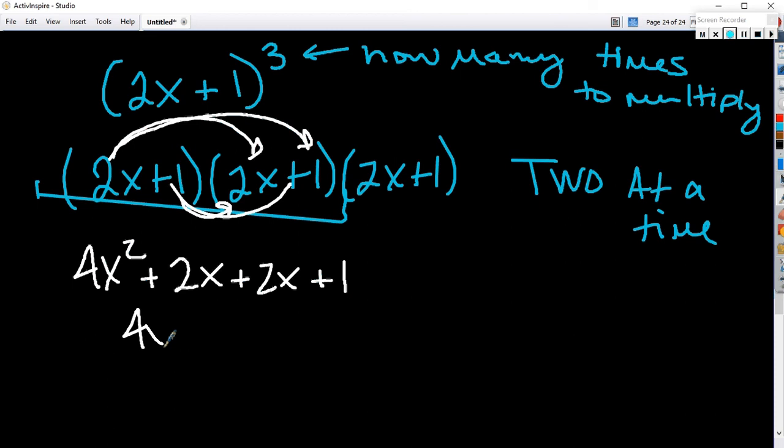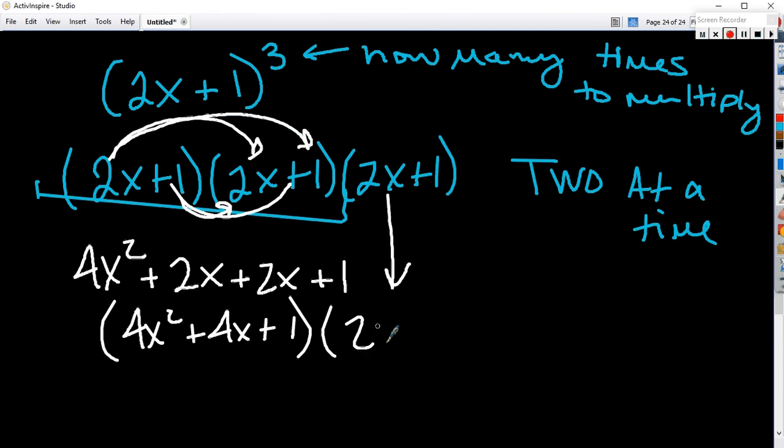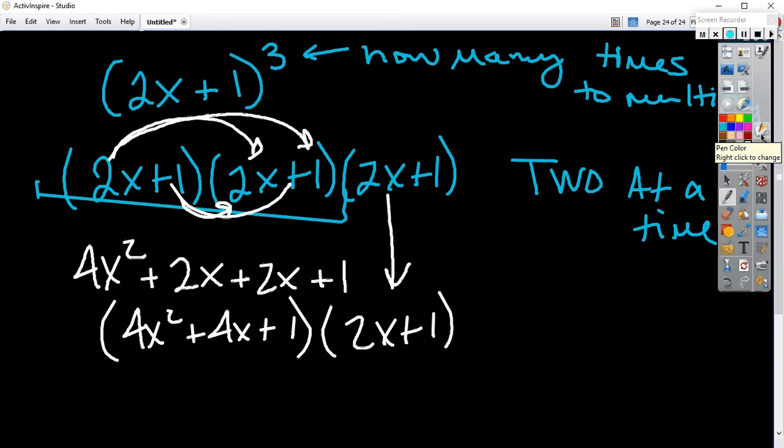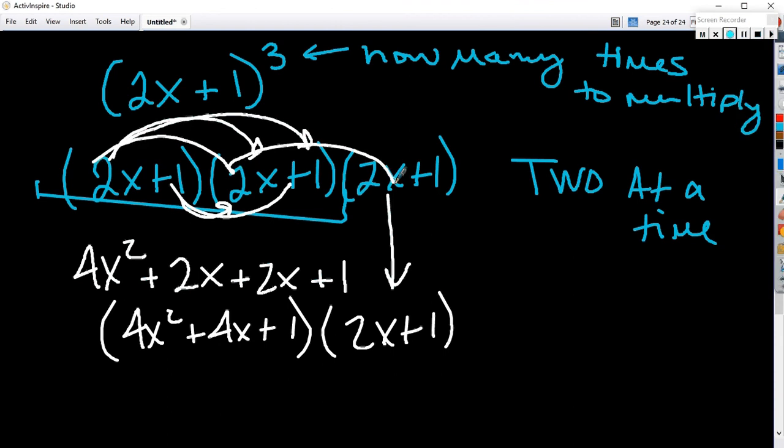So this becomes 4x squared plus 4x plus 1. Now take it to the third one. Do you see what we did there? 2 at a time. Don't go more than 2 at a time. Your answer will be messed up. Don't come here and try to take that first 2x. Don't do boop, boop, because it's going to give you the wrong answer.